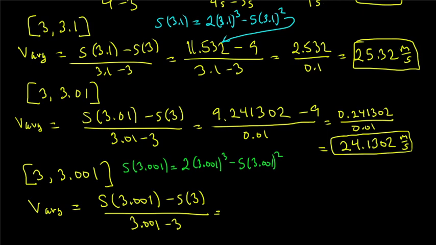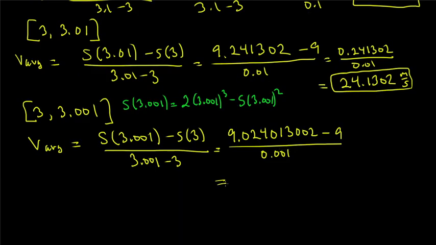And that number turns out to be 9.024013002. That's probably just approximate, but good enough. And then the same minus 9, over the time interval here, which is just 1/1000th of a second.